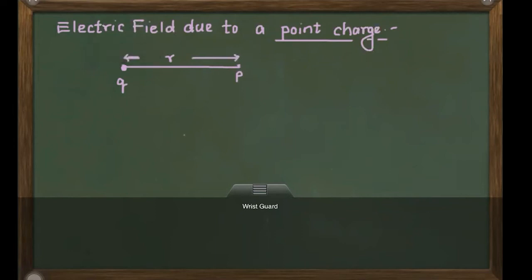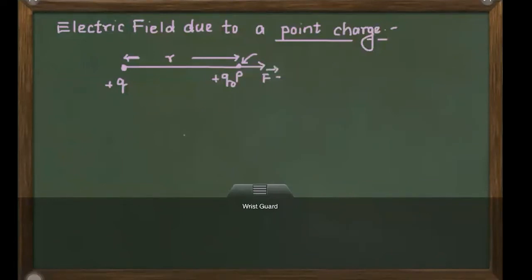So when we have to calculate E, we have to calculate the value of F. At first we have to place here a test charge, plus Q naught. Then Q naught will experience a force in this direction because I have taken the source charge positive, and this will be F, towards this direction.